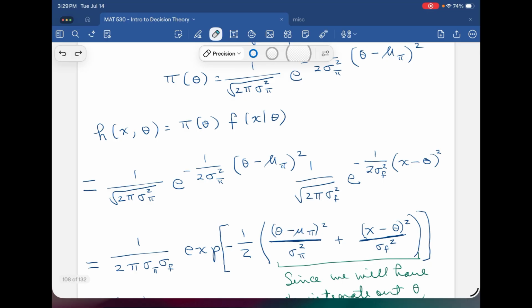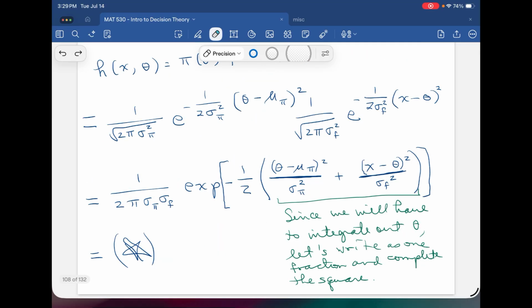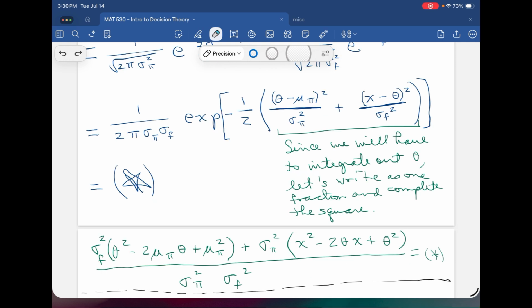Looking ahead, knowing that we're going to have to integrate out theta, our next step is to write this as one fraction and then complete the square in theta. You can see that I've first chosen to write this as one fraction and then also multiply out those binomial squareds.